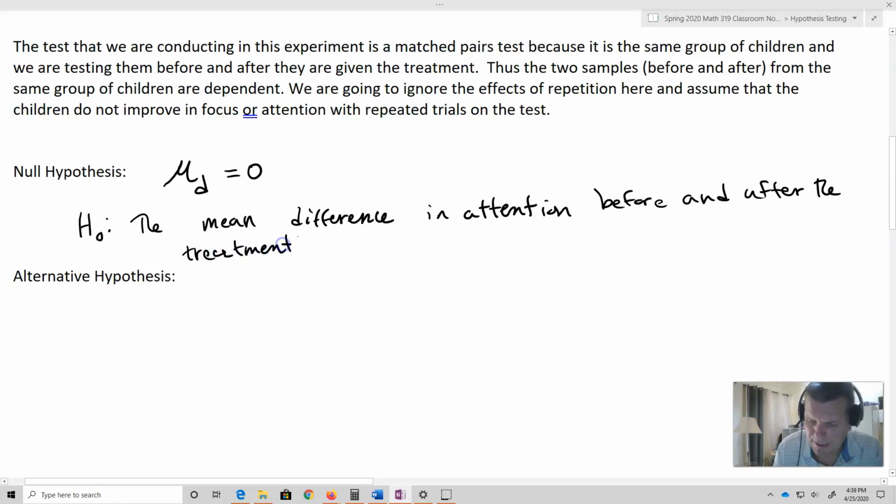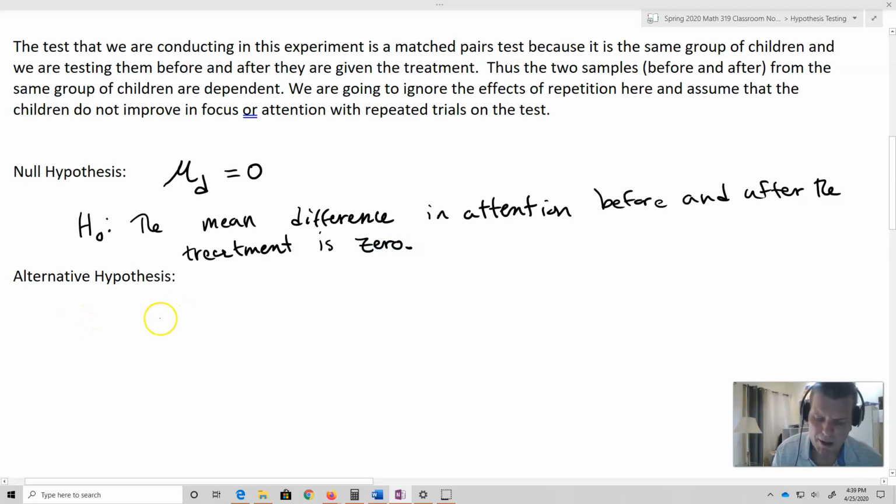Another way to put this is that there is no difference in the mean attention time before and after the treatment. So those are two different ways that you can write this. I'll give you an example of the other one in just a second.